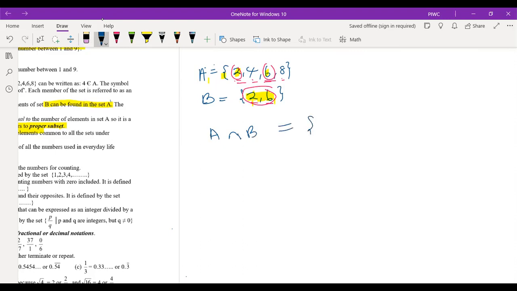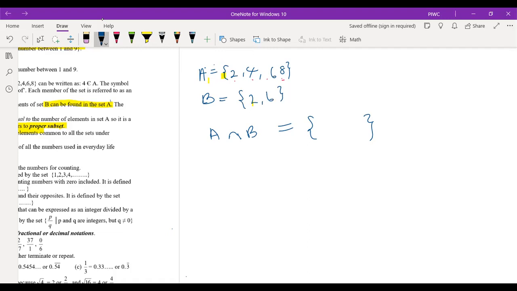The set of numbers that they have in common. Here I have 2 there, 2 and 2. Set A is 2, 4, 6, 8 and set B is 2 and 6.